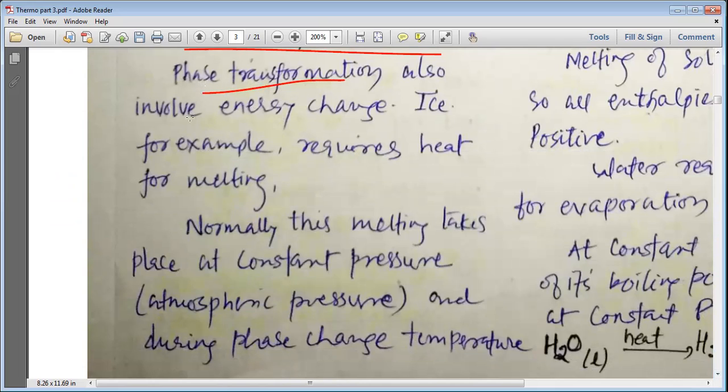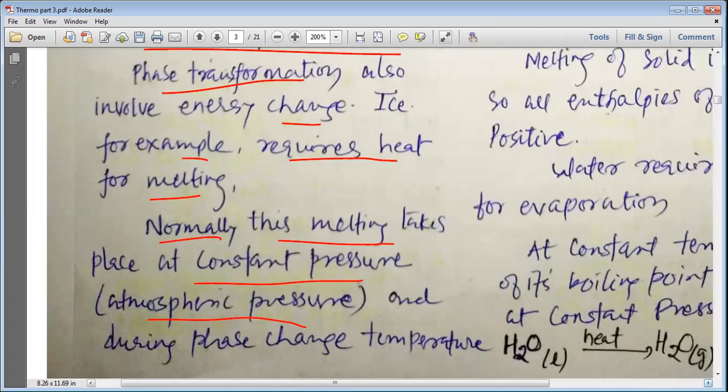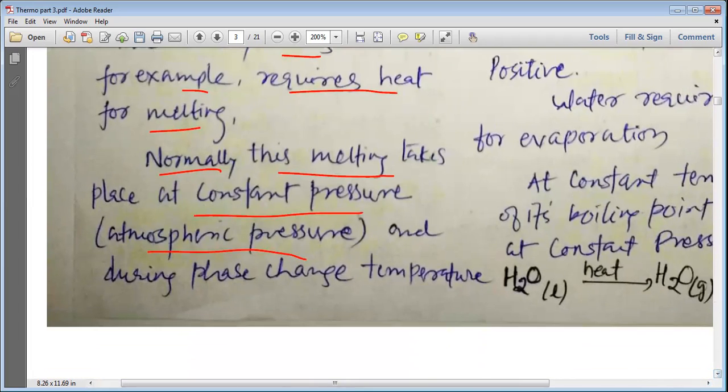Phase transformation also involves energy change. Ice, for example, requires heat for melting. Normally, this melting takes place at constant pressure, that is the atmospheric pressure, and during the phase change, the temperature generally remains constant. So let's have a look at this.